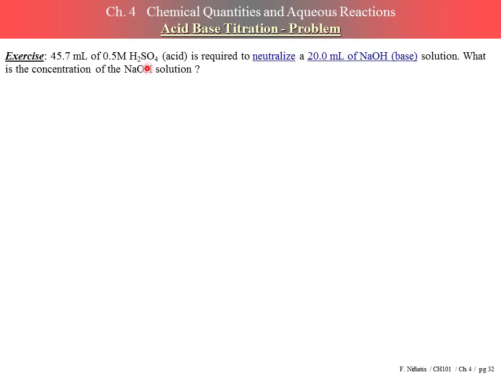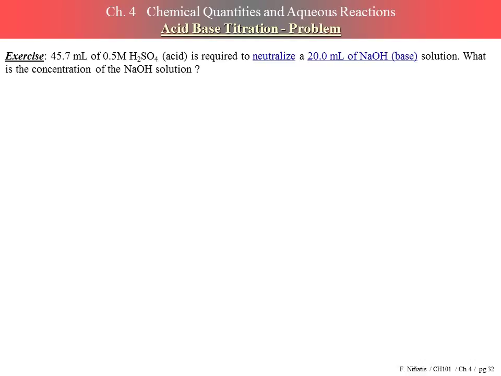So I use sulfuric acid. It needs to have a known concentration. It was half molar. Now, in order for the color to change, I spent 45.7 milliliters of sulfuric acid. I want you to calculate the concentration of the sodium hydroxide.